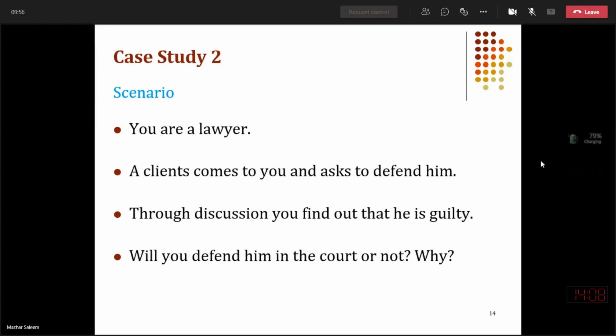In this perspective, he should defend that person. Somebody in another class said that because it's his profession and his livelihood depends on it, a lawyer should not pick and choose. Whoever comes to him or her, he or she should defend that person regardless of whether the client is guilty or not. Okay, so this is one opinion.